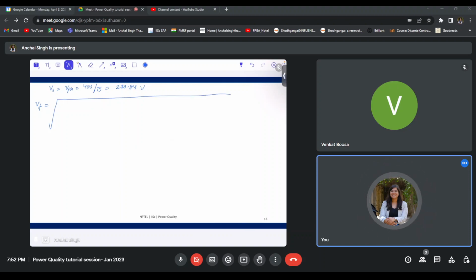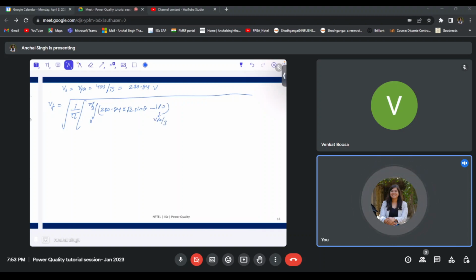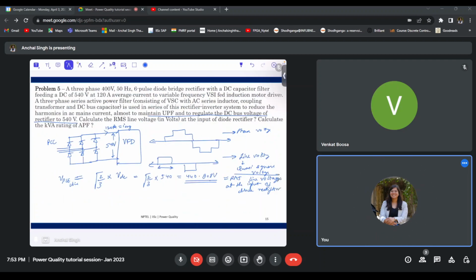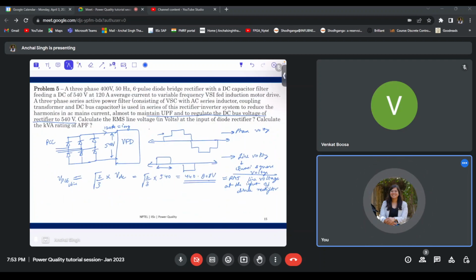So the stepped waveform has 3 steps. So from 0 to pi by 3, we have 230.94 into root 2 sine theta minus, this is basically VDC by 3. So we know that in the stepped waveform, this one step is VDC by 3, this step is 2 VDC by 3, and this is again VDC by 3.